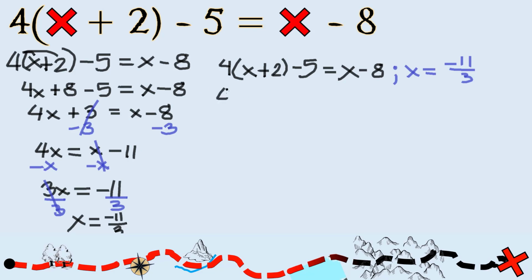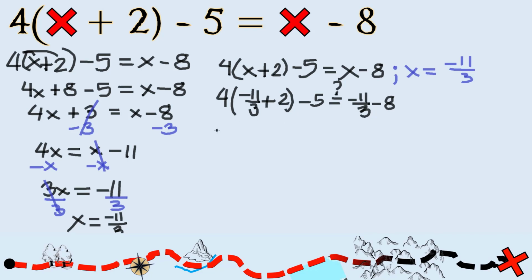So let's start here. This will be a little bit longer because we have a fraction. Negative 11 thirds plus 2. Then you will subtract 5, whatever the result of that, question mark. We have negative 11 thirds minus 8. The nice thing about checking is that you will be reviewing the order of operations.